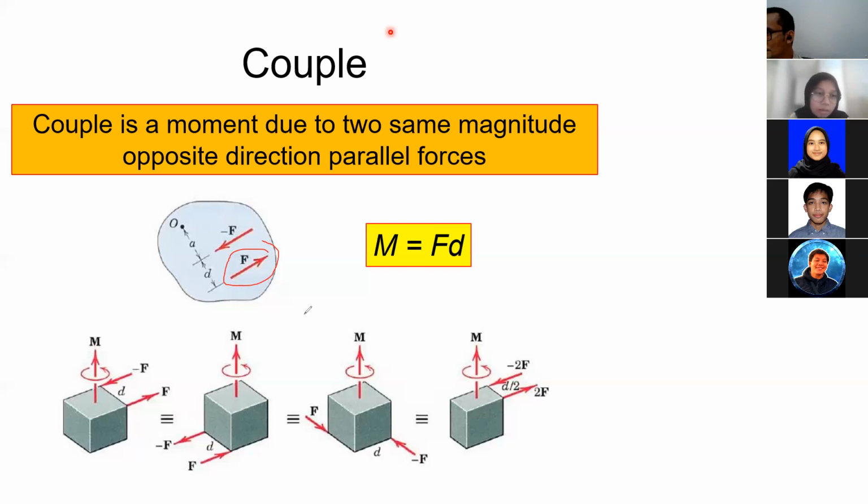Correct. Assume that the magnitude of the force is F, and the distance from O to this particular force is A, and from this force to the other force is D.